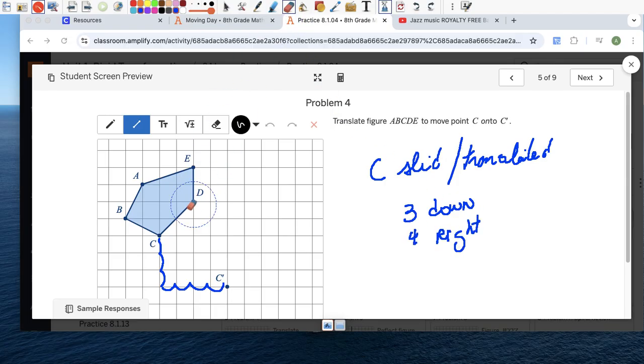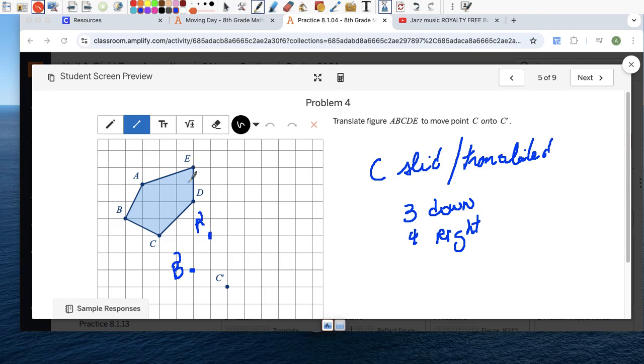And again, if point C moved 3 down, 4 to the right, everybody here is going to move the same way. So go to point B, go 3 down, 1, 2, 3, and 4 to the right, 1, 2, 3, 4. Call it B prime. Point A, 1, 2, 3, 1, 2, 3, 4. Here's point A prime.